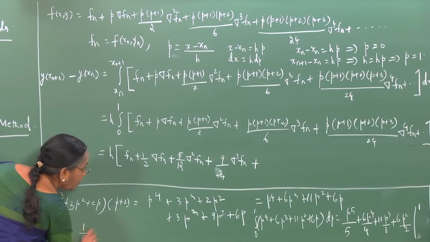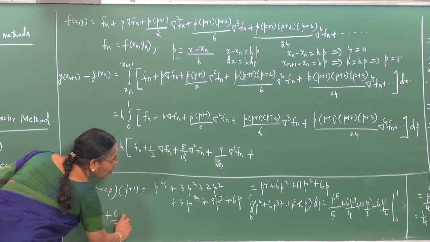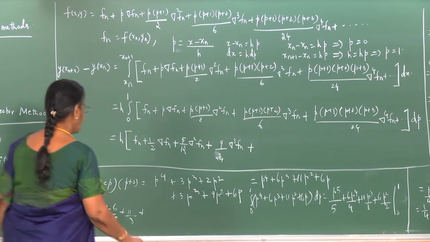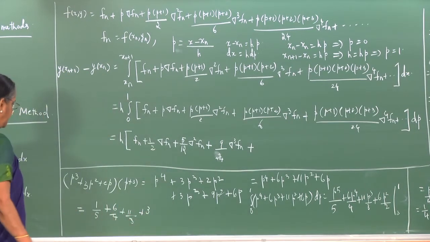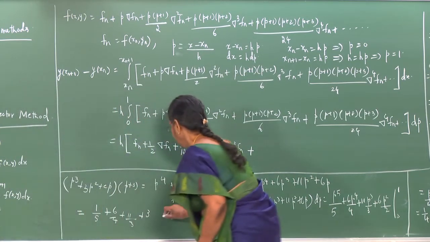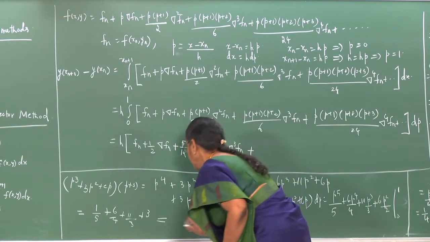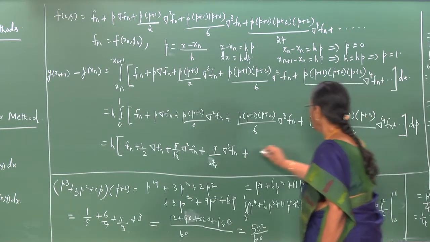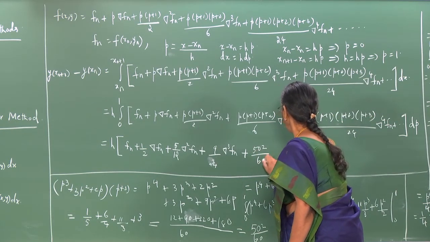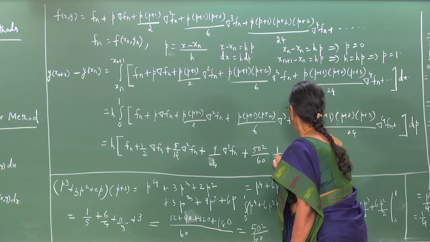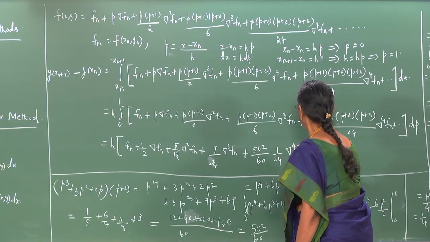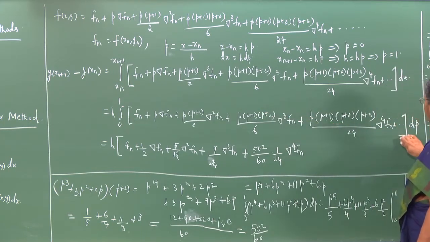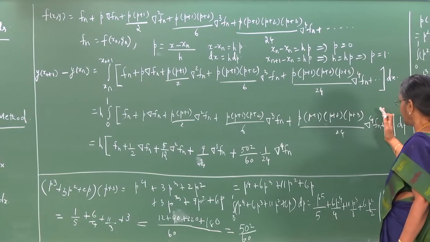That gives you 1 by 5 plus 6 by 4 plus 11 by 3 plus 6 by 2. So, if you evaluate this, then you get 502 by 60. So, I substitute here, that will give you 502 by 60 into 1 by 24 into del power 4 Fn. So, I shall truncate these terms here at this stage.